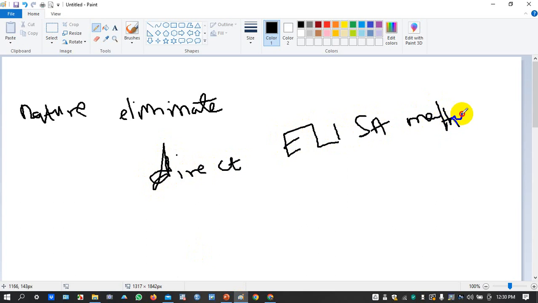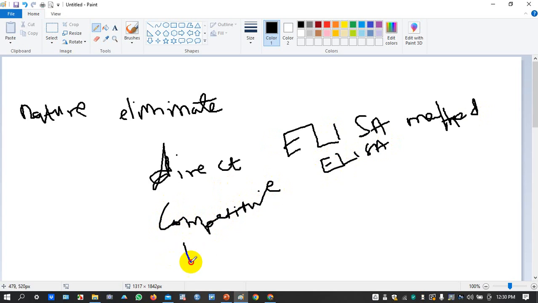We have the direct ELISA. We also have the competitive ELISA. We have the indirect ELISA.